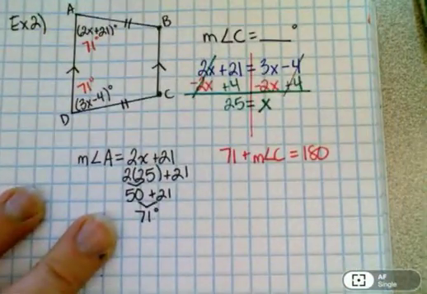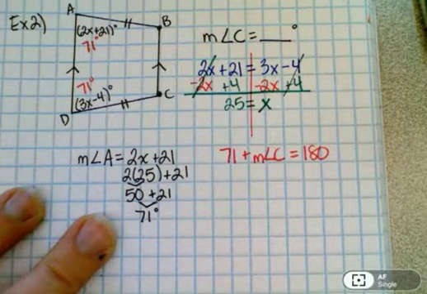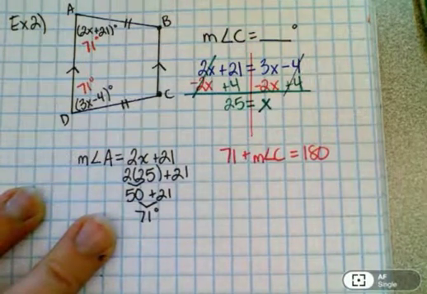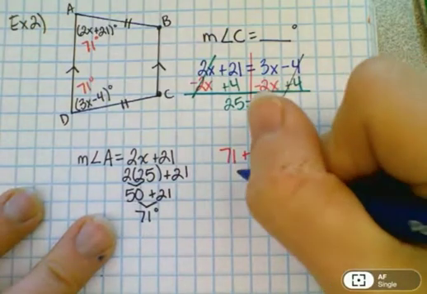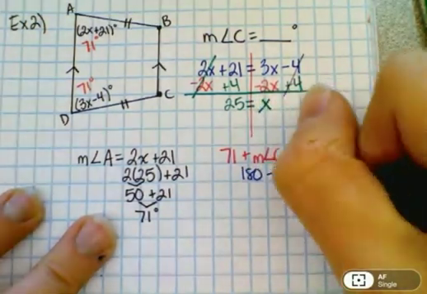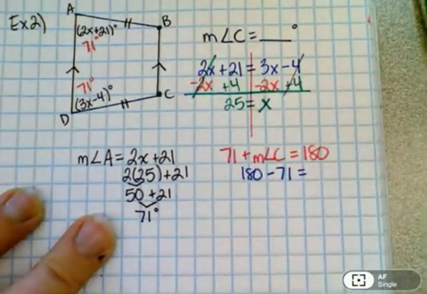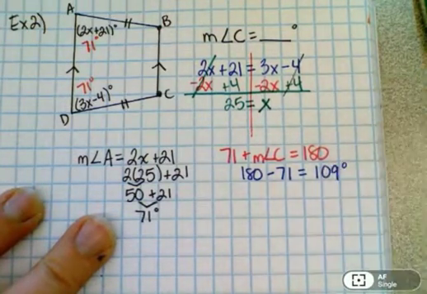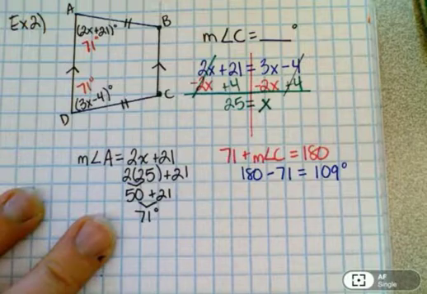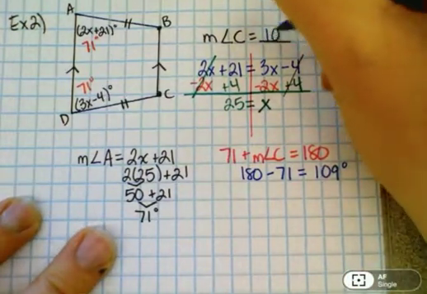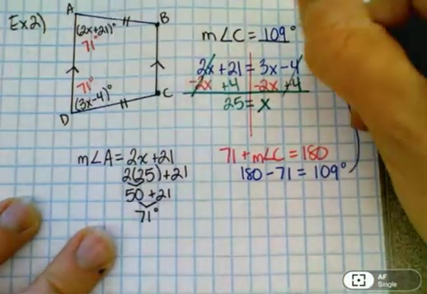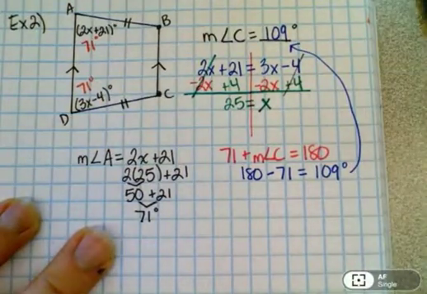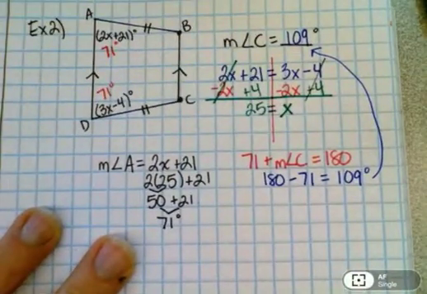And so to finish this up, all we really need to do is subtract 71 from 180. And we get 109 degrees. So the measure of angle C is 109 degrees. So that's it for today.